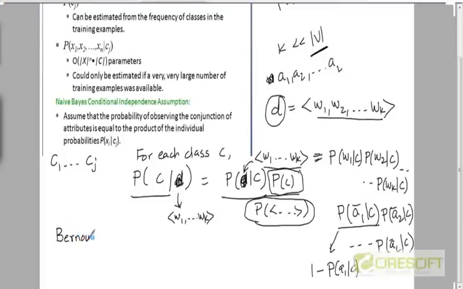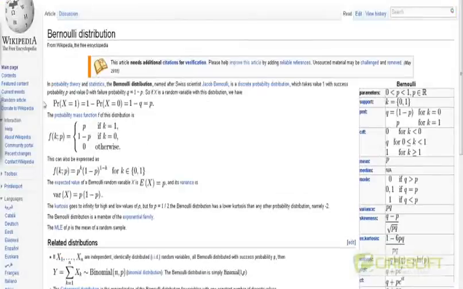Okay, so if you have done a course on probability, you know that there is something called a Bernoulli random variable. So here's the Wikipedia page for it. It's a random variable whose probability of being 1 is p, and the probability of being 0 is just 1 minus p. Or you can call it q and 1 minus q, doesn't matter.